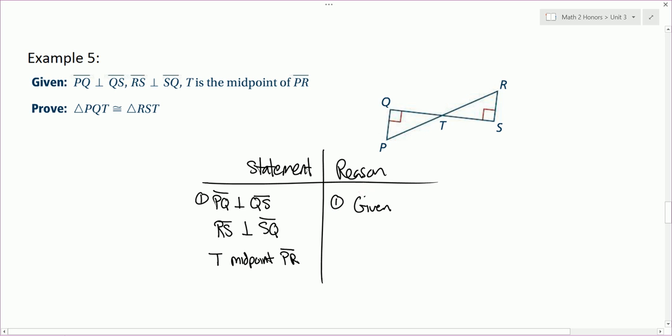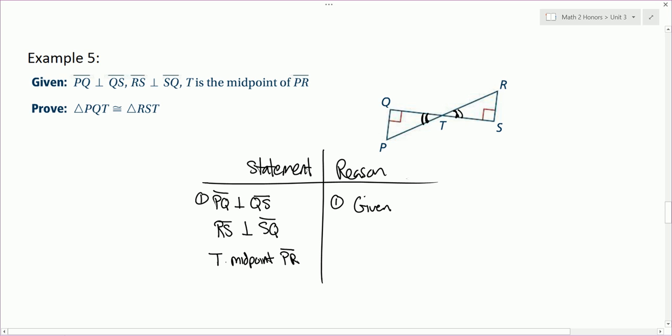So whenever things are perpendicular, we create right angles, and we see that in our picture. And since angle Q and angle S are both 90 degrees, we can easily get that they're congruent to each other. Also in our picture, notice that we have two segments crossing. Whenever that happens, you get vertical angles congruent to each other.